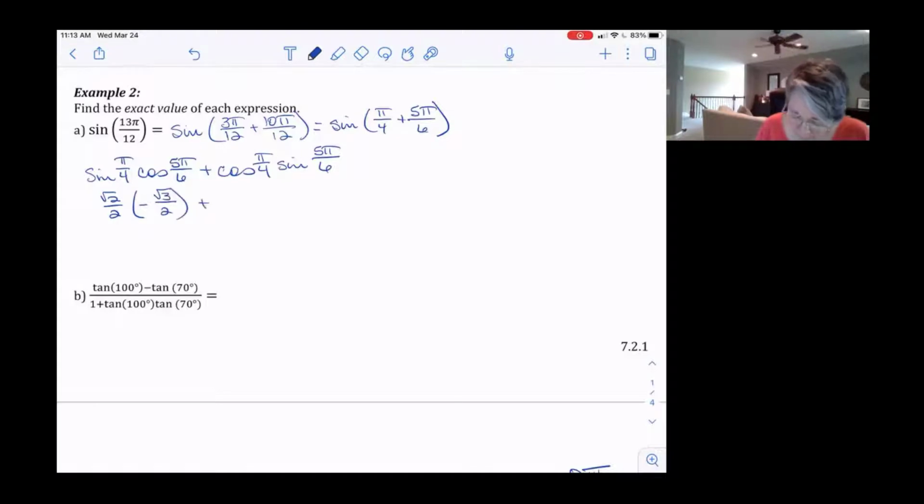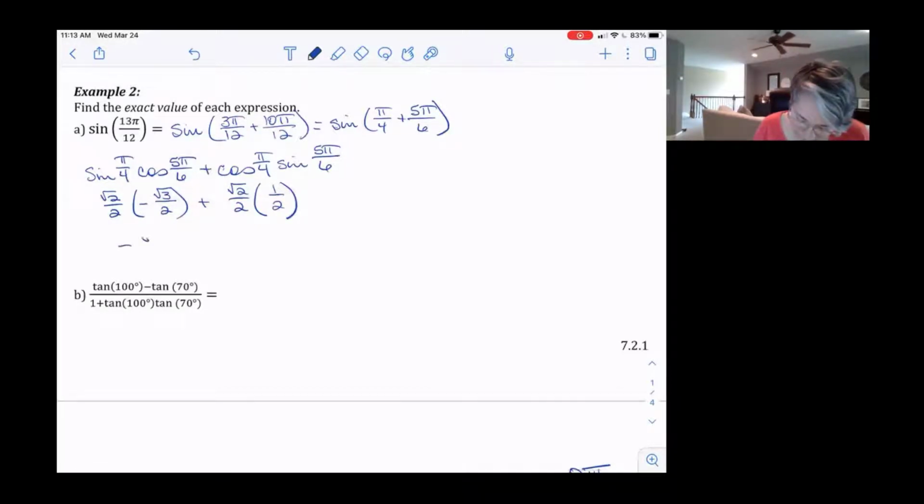Now the cosine of pi over 4 is square root of 2 over 2. And again, 5 pi over 6 is in quadrant 2, so that will give us a positive sine value of 1/2. And when we multiply these, we get a negative square root of 6 over 4 plus square root of 2 over 4, which we can combine into negative square root of 6 plus the square root of 2, all over 4.